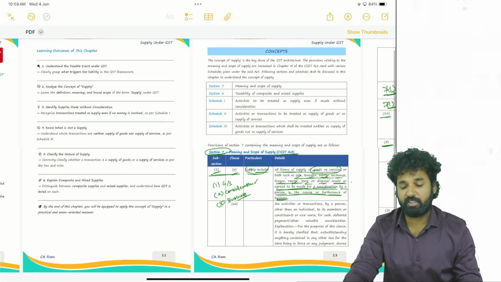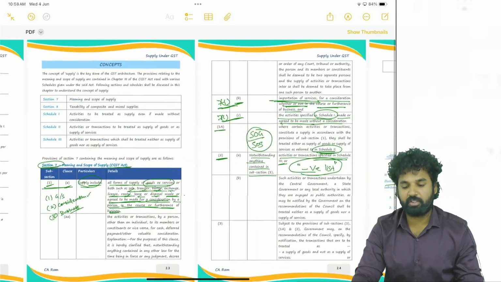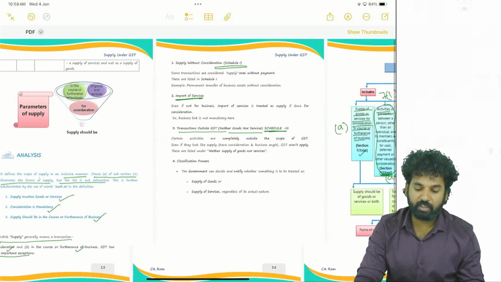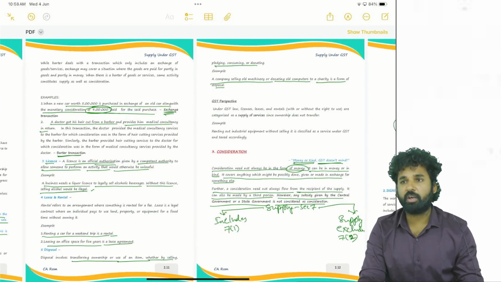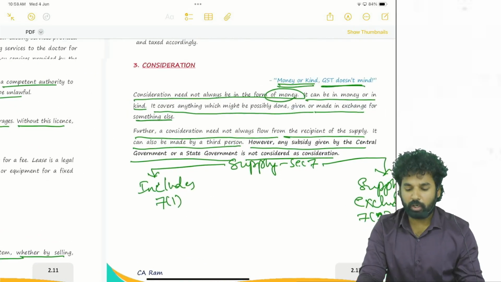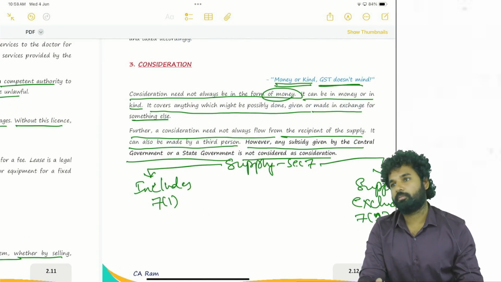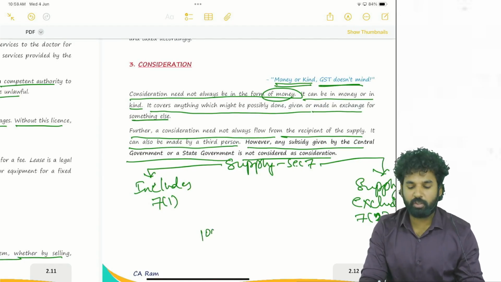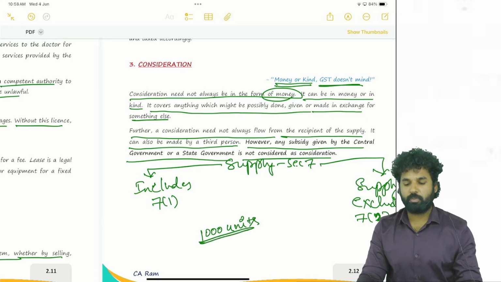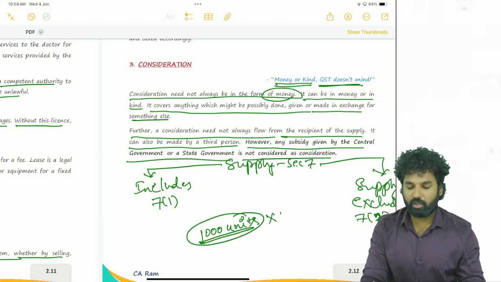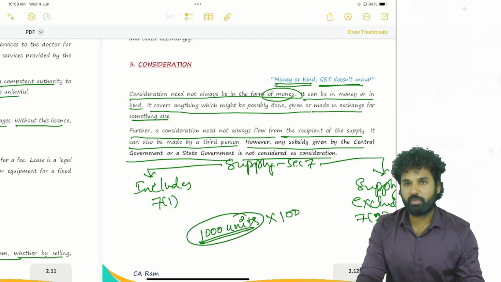Sometimes we will take advance. They are talking about advance. So why are you taking advance? In future, you are obliged to supply something. Let's say 1,000 units of goods have been ordered by a customer from you. Let's say every unit is rupees 100.